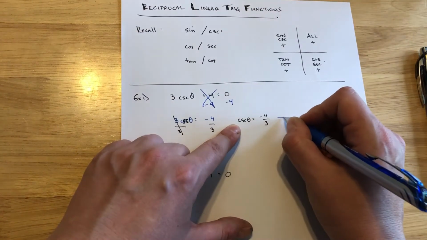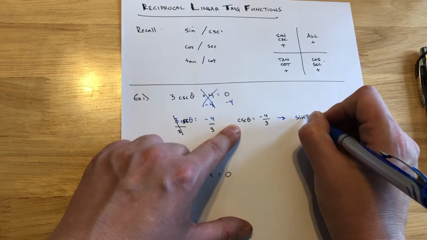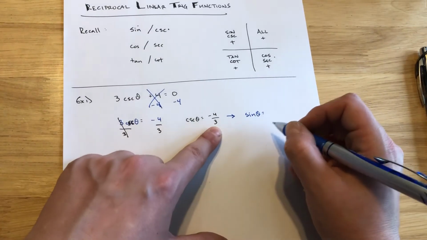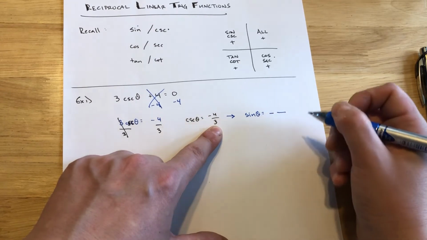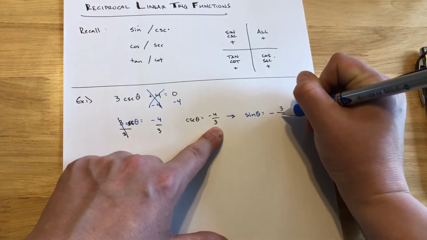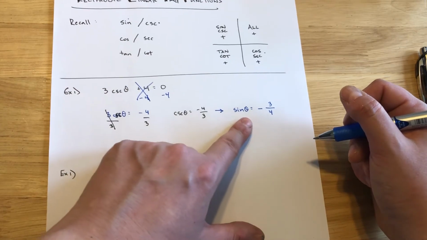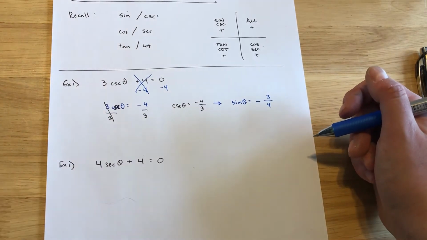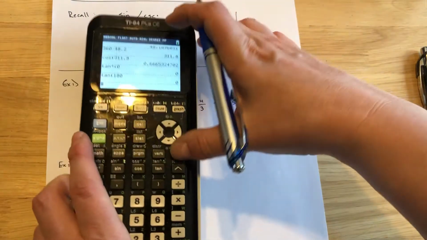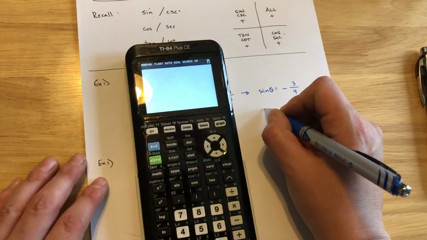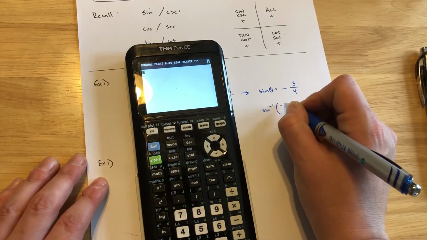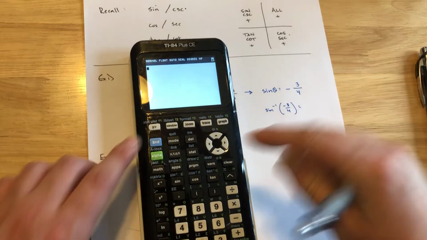So we're going to change this to say, okay, sine of theta is equal to, yes, it's still negative, but now the 3 will be on top and the 4 will be on bottom. So we're just going to transition to its reciprocal so that we can use the calculator. So sine of theta is negative 3/4. So we need to run inverse sine of negative 3/4.